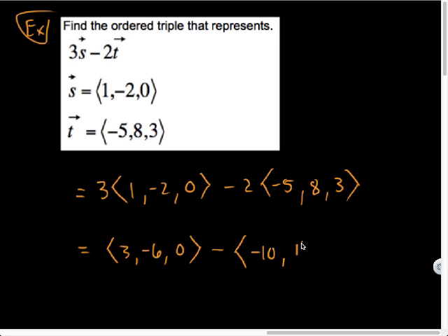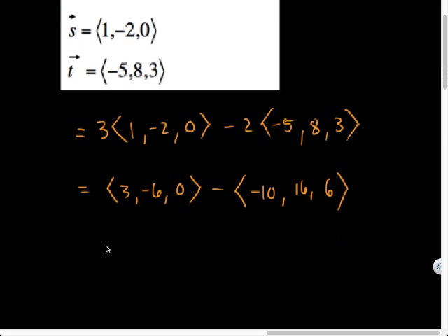So negative 10, 16, and 6. Then I'll subtract their corresponding elements. 3 minus negative 10 is plus 10, which is 13. Negative 6 minus 16 becomes negative 22, I believe. And 0 minus 6 is negative 6.